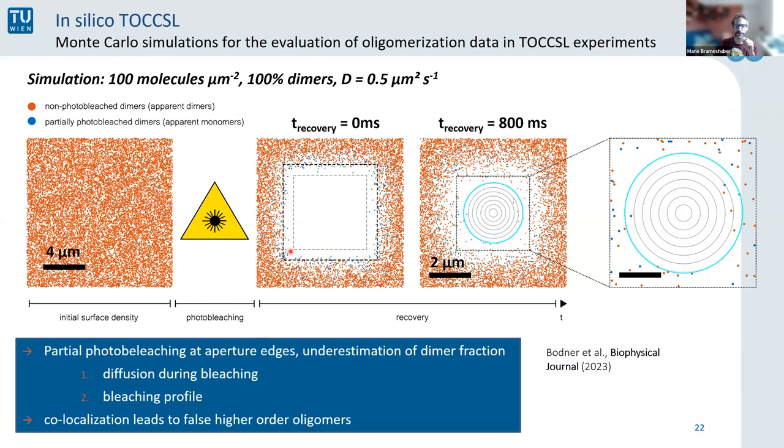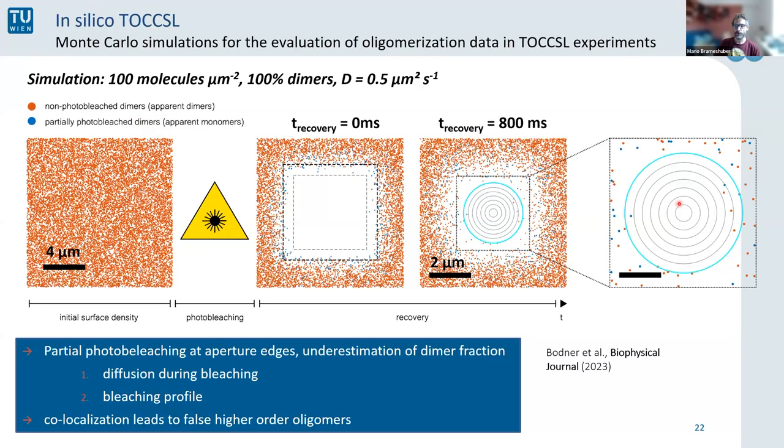So we have a certain area where the intensity goes from the max value of the laser to 0, and it's not extremely steep. That's why the bleaching efficiency in this border region is pretty poor, and this is the second reason why we generate these partially photobleached dimers. It's worth noting that these are the 2 points which can lead to the appearance of monomers, although they are not in the system.